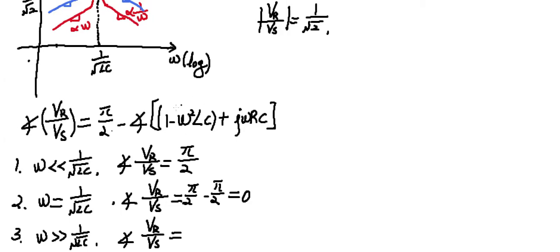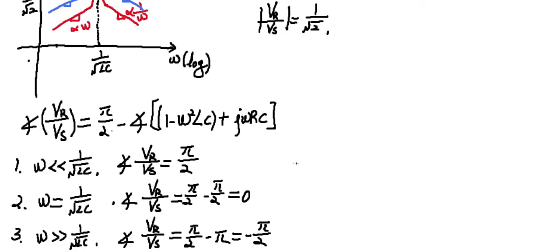So you get a purely real number, but it's negative. So negative real numbers phase is pi. So basically you get pi over 2 minus pi, which is equal to pi minus pi over 2.